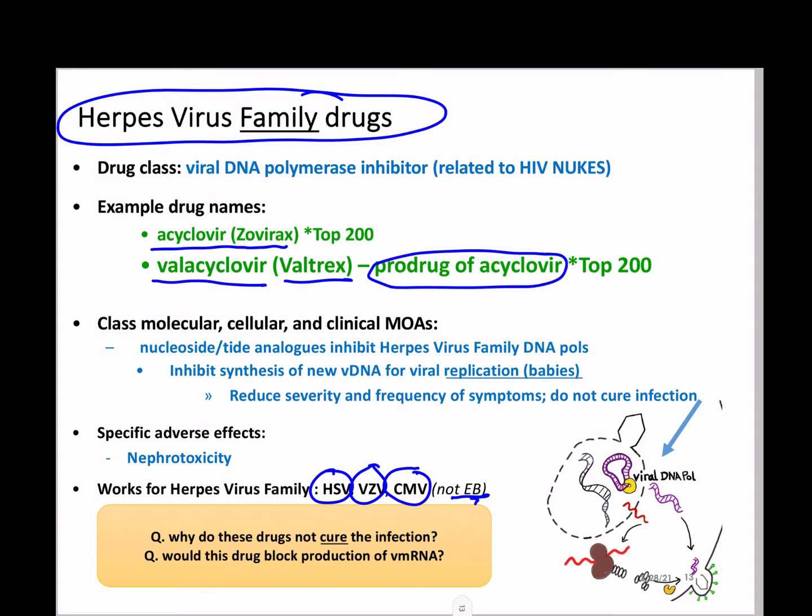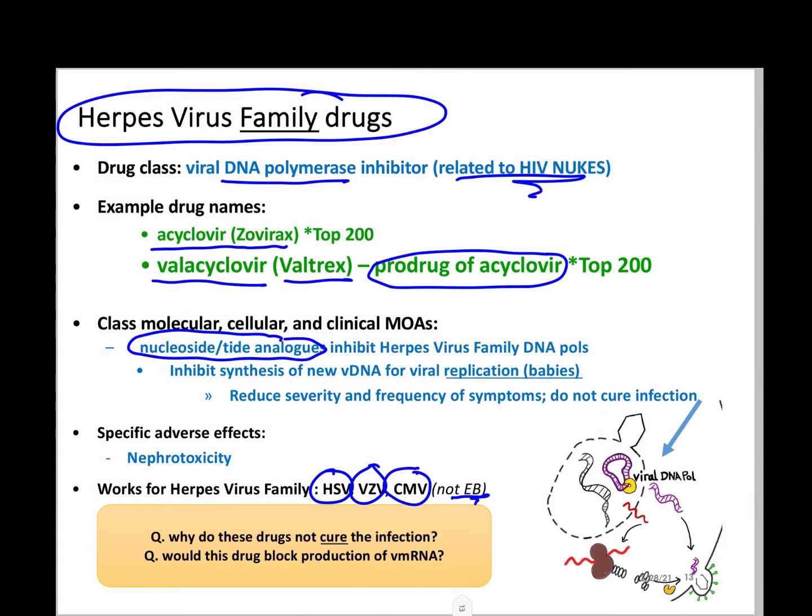As I said, these are DNA pol inhibitors, and they are nucleoside-nucleotide analogs. So that's why I say they're related to HIV nukes, because HIV nukes are nucleoside-nucleotide analogs that are blocking the RNA-dependent DNA pols in the HIV virus. Here, they're nucleoside-nucleotide analogs that are inhibiting the DNA-dependent DNA pols, but their mechanism of inhibition is exactly the same.